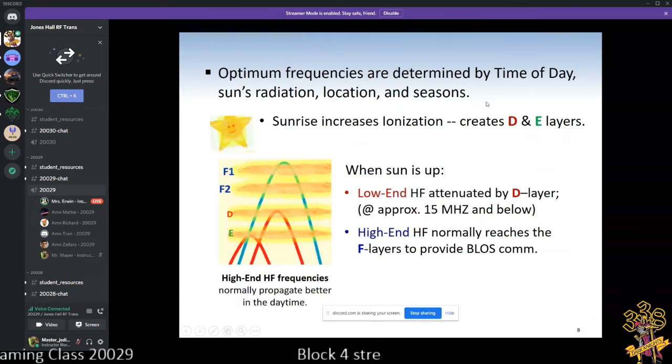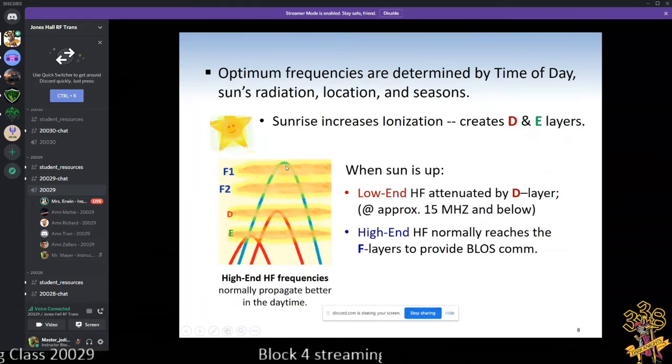Depending upon the time of day, you're going to have an optimum or a best frequency. Also, depending upon the time of day, you may have some frequencies that don't want to work, such as in the daytime when you have a lot of ionization, and you have the D layer, and you have the E layer, and your F layer divides into F1 and F2. Well, the lower end of your HF, a lot of it will get absorbed in the D and E layer.